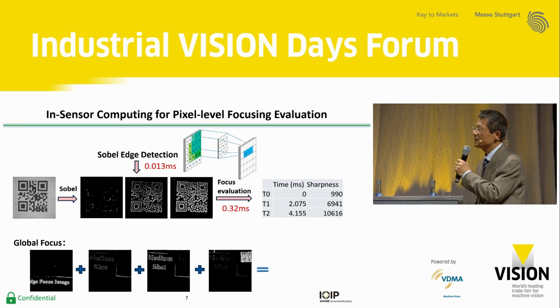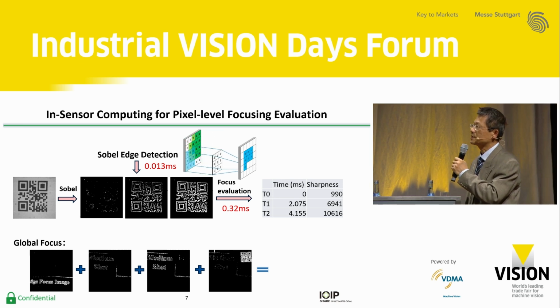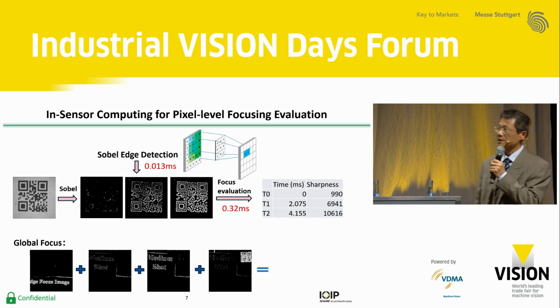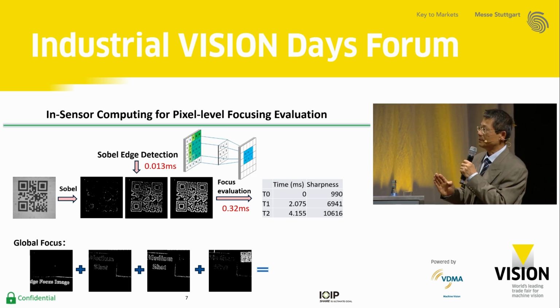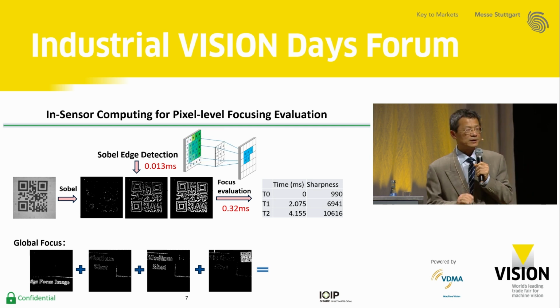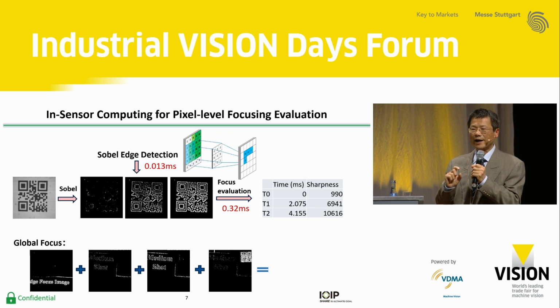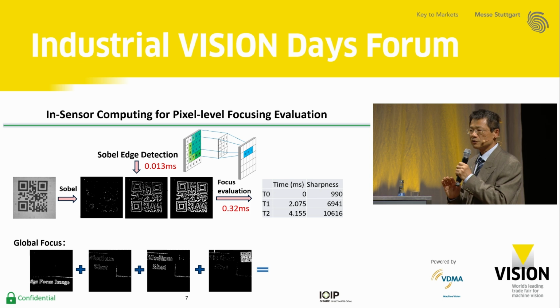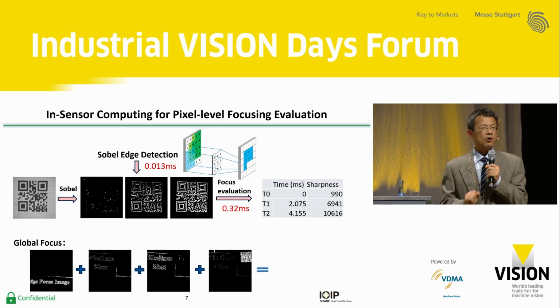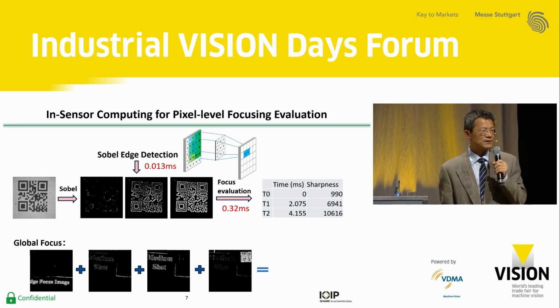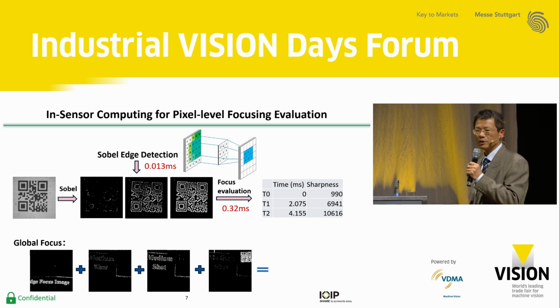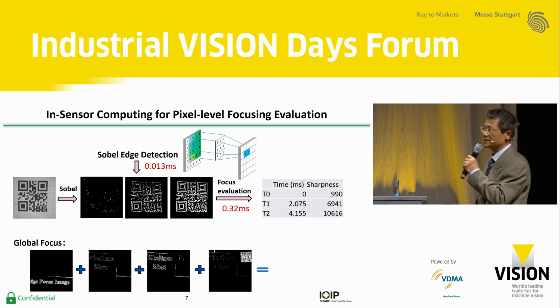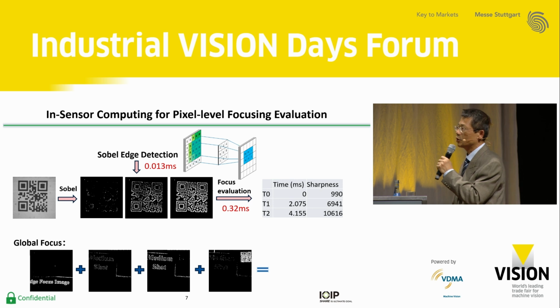The next is the global focus. The global focus is like this. We might have an object with different surfaces, at different heights. To get all of these different surfaces into one picture, we can use this technology, the global focus.